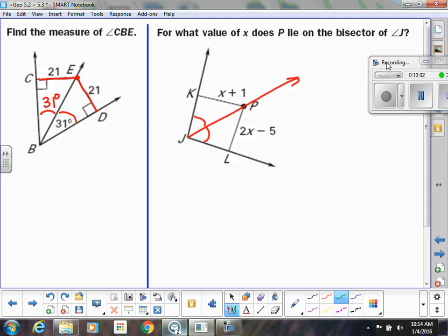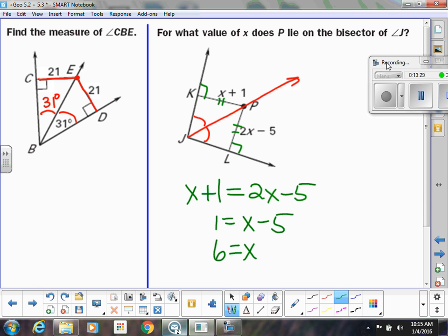Well, they really didn't tell us that these were the exact distances, so I'm going to assume that on this one, but normally they would have to give that to us. So we would have to know that those two are congruent, and we would say x plus 1 is equal to 2x minus 5. And then we would just solve. So I'm going to subtract the x and add the 5. So we would say for x equals 6, then P lies on the angle bisector of J.